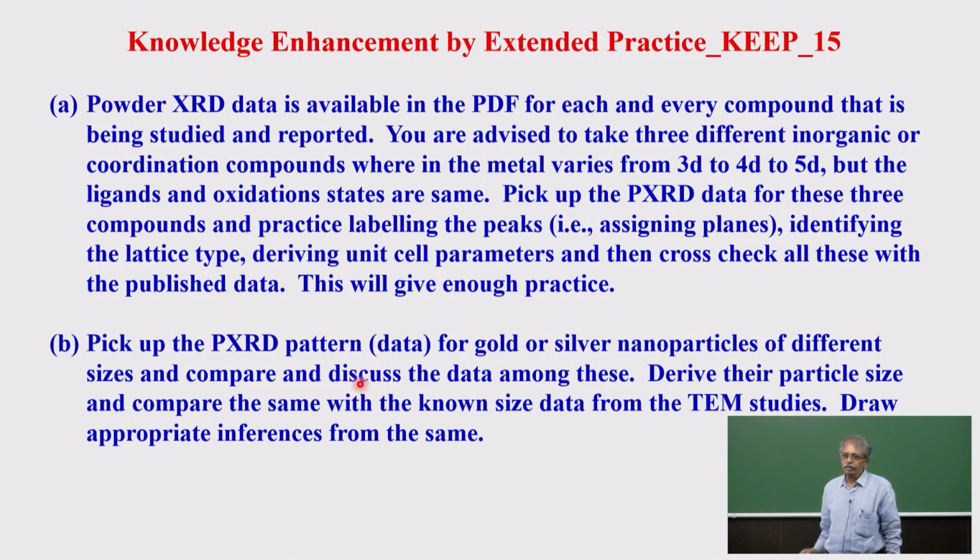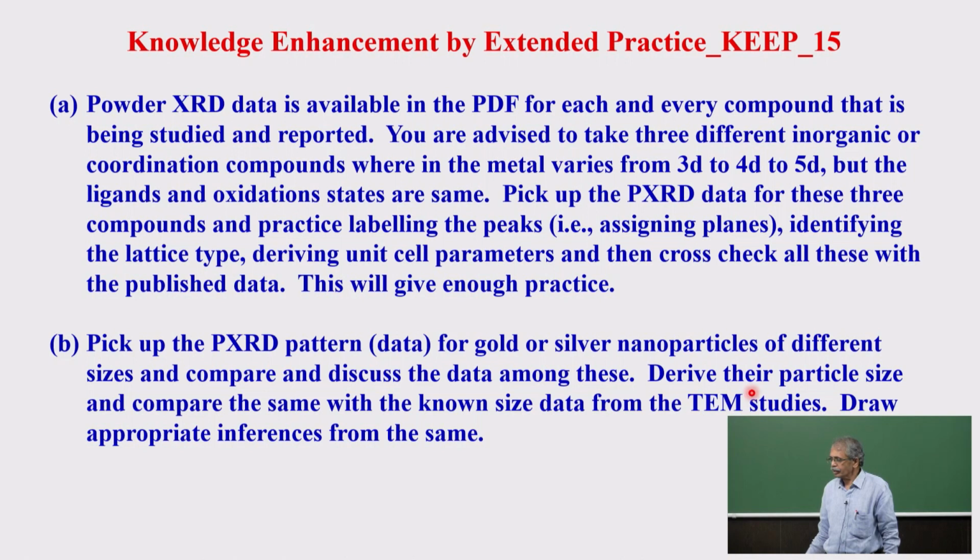Another aspect I would expect you to do is to pick up the PXRD pattern or data for gold or silver nanoparticles, whatever you like, of different sizes, and compare and discuss the data among these. So you pick up the powder XRD data for different sizes, either gold or silver or both, or even a combined one, it doesn't matter.